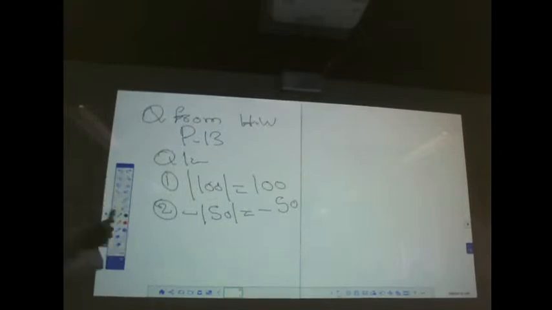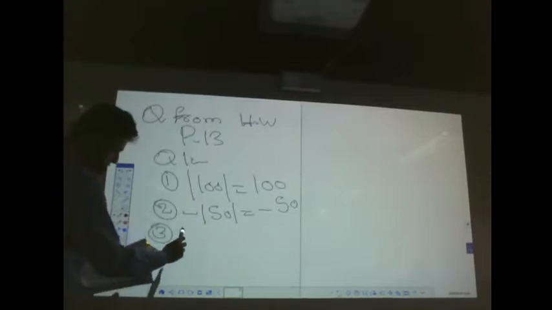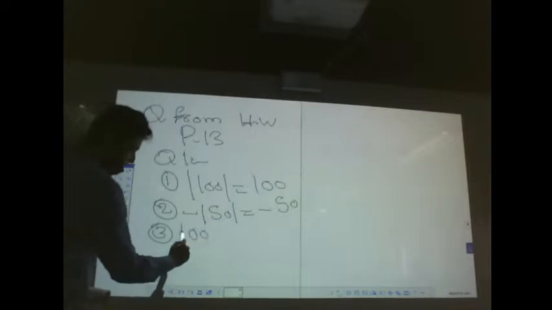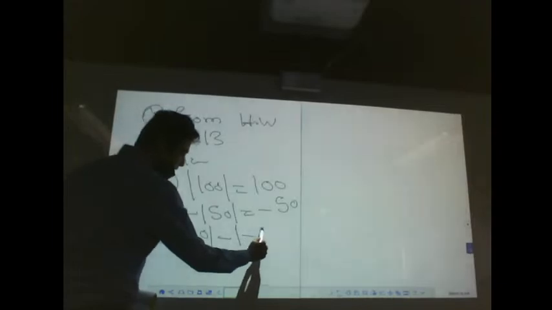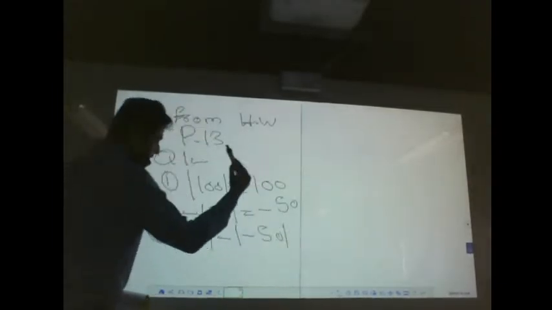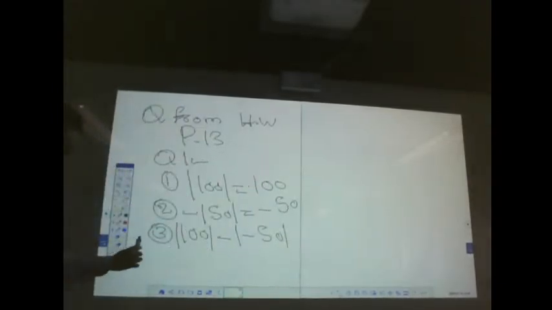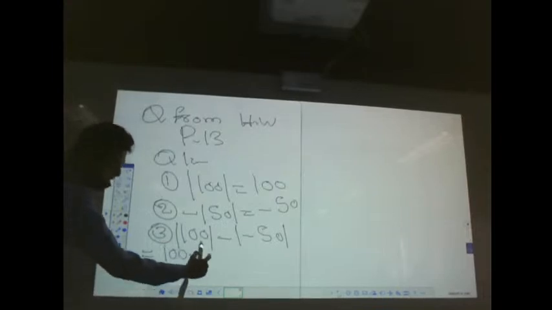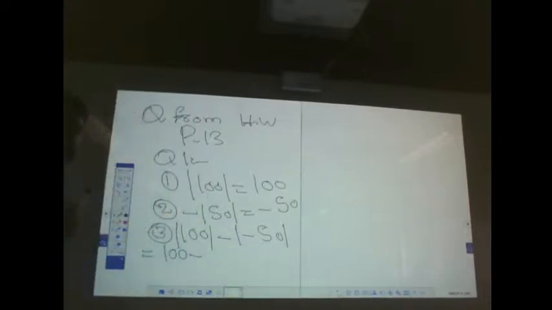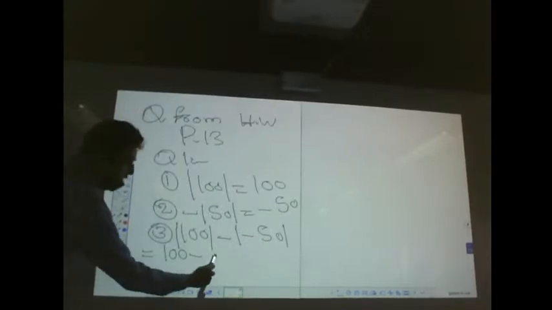Next, question number 3. We have here 100 minus the absolute of minus 50. In this question, first what we have to do is solve the absolute first. 100 minus, outside, absolute of minus 50, which equals 50 only, right?